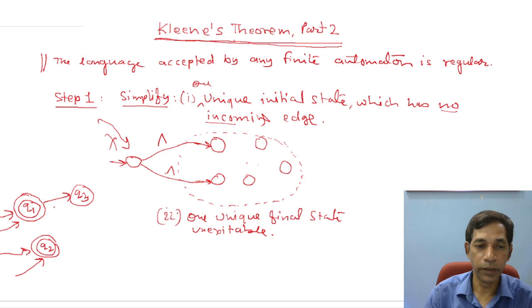This is the edge leaving the final state, which we call an exitable state, this is the exit edge. So what we need to do is obtain the unique final state which is unexitable.